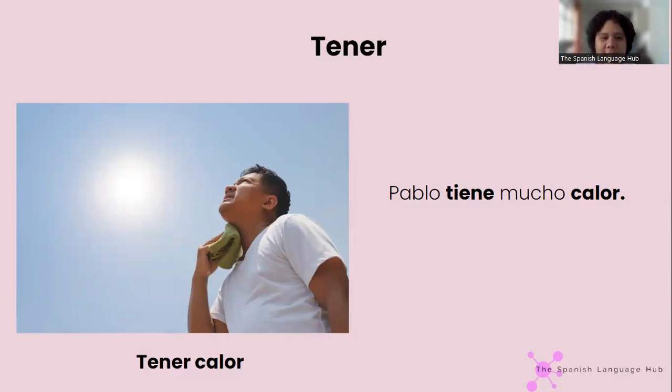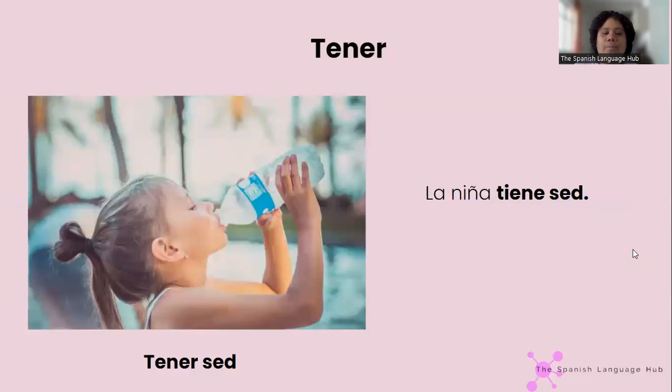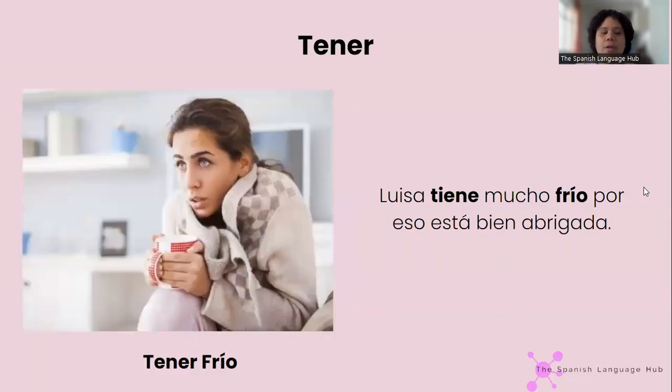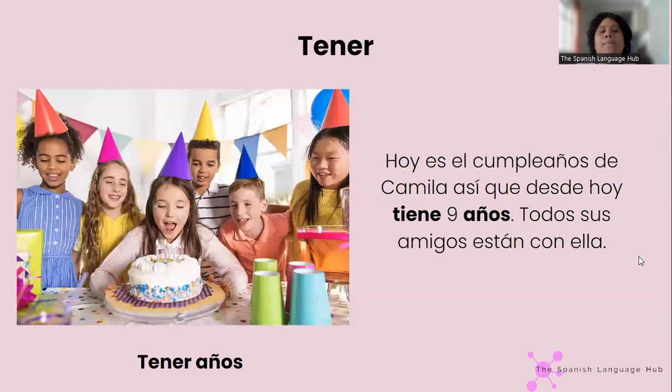He feels the heat. All right, that's what it means. Tener calor. Pablo is very hot. Tener sed. La niña tiene sed. The girl is thirsty. Tener frío. Luisa tiene mucho frío, por eso está bien abrigada. Luisa is very cold. That's why she's all wrapped up.